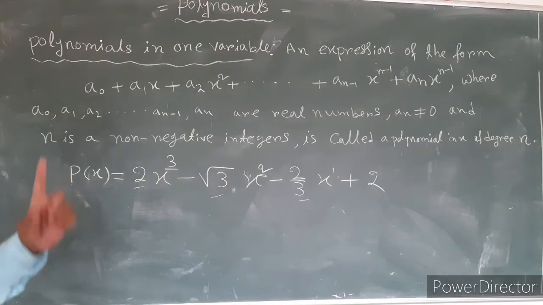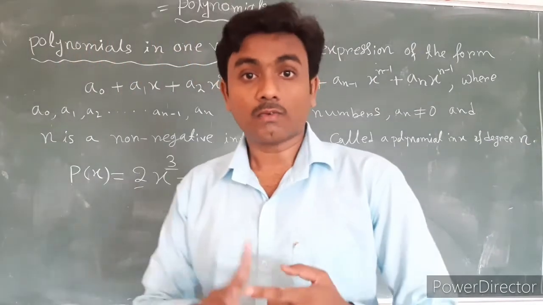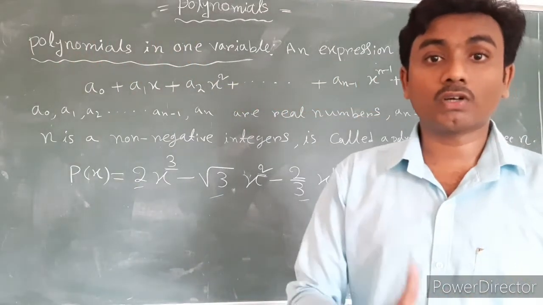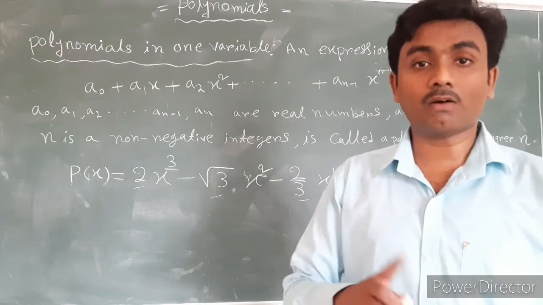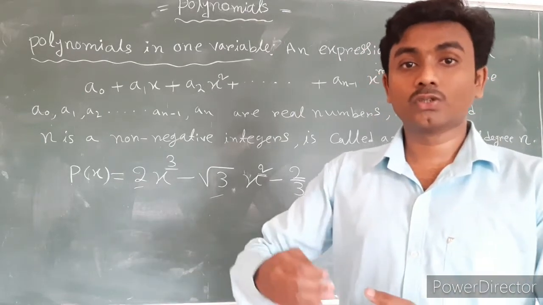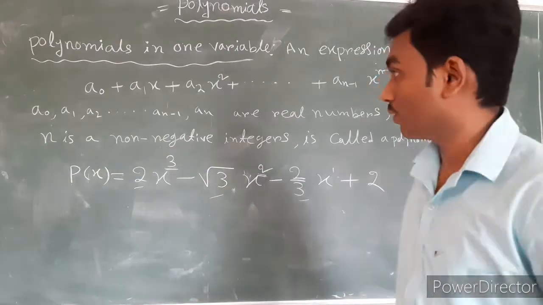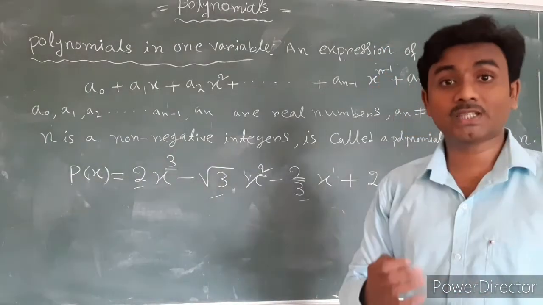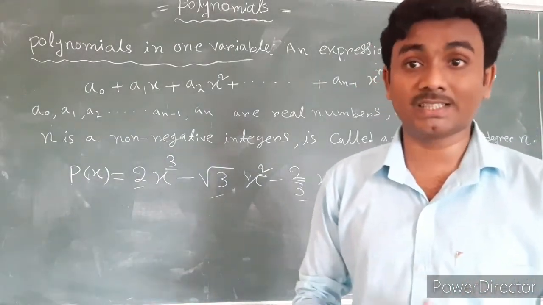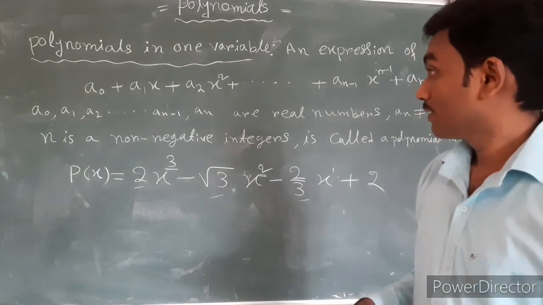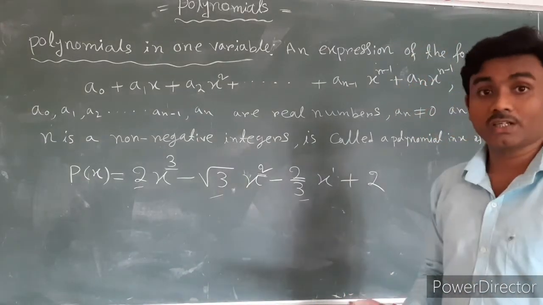So in a polynomial, the power must be a non-negative integer. That is, the power takes the values 0, 1, 2, 3 and so on. If the power becomes a negative integer or fraction or any other number, then it is not a polynomial.